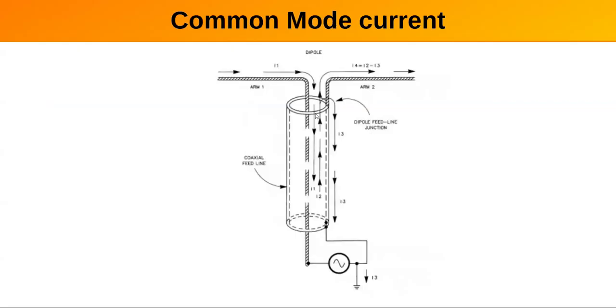Just an example of what common mode effect is. In a coax, you actually have 3 conductors. You've got the center conductor, the inside of the shield, and the outside of the shield. Due to the skin effect, you've got current on the inside and current on the outside, basically no current through the center of the shield.